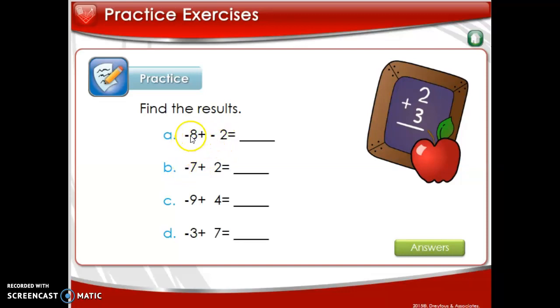Practice exercises. If we have the same sign, you make an addition and stay with the negative sign. We have another example, part B, -7 plus 2. Different.